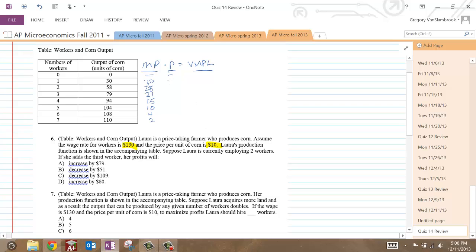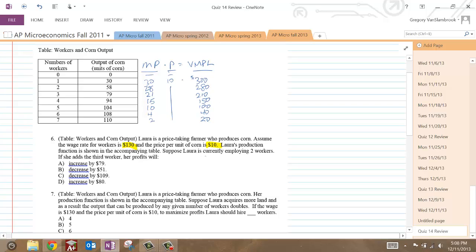Just going to do that as a shortcut. So 30 times 10 gives us $300. It's our first VMPL. 280, 210, 150, 100, 40, and 20. Remember, these represent the additional revenue that is brought by each additional worker.